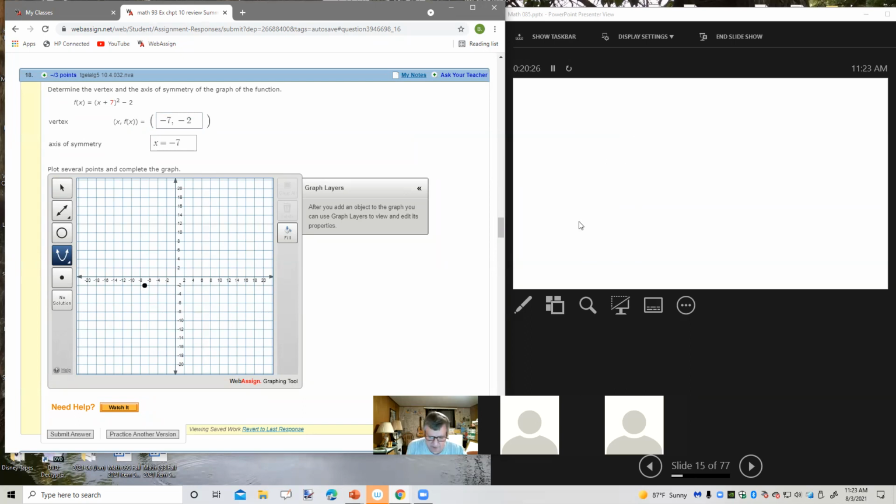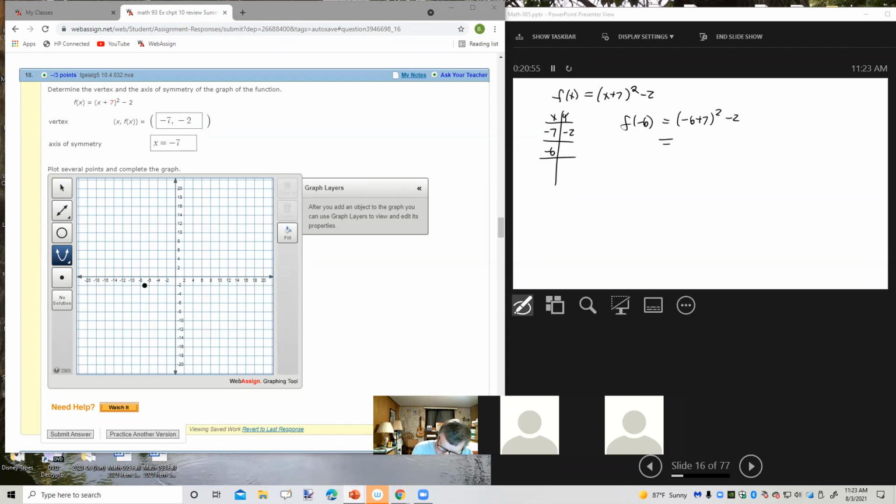So let's go over here and take a look at f of x equals (x plus 7) squared minus 2. Okay. And we know the vertex is at (-7, -2). So let's just pick a point that's immediately to the left or right. How about -6? So f of -6 would be (-6 plus 7) squared minus 2, 1 squared minus 2, 1 minus 2, -1.